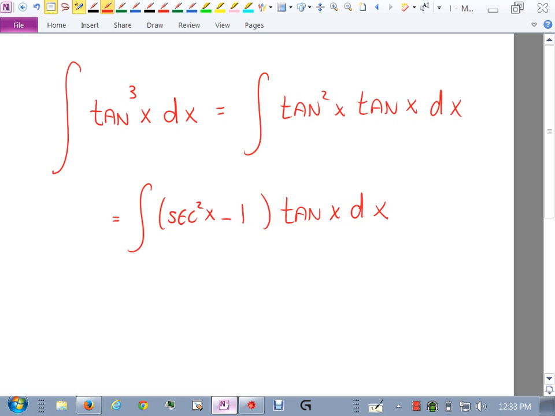What though? I mean, is this going to work? Because the derivative, if we're saying this is du, then tangent is the derivative of what? No. Right?